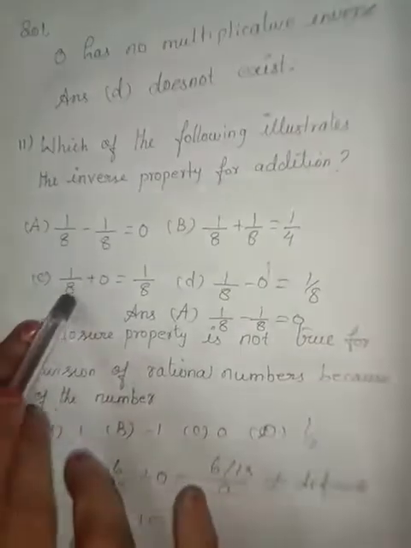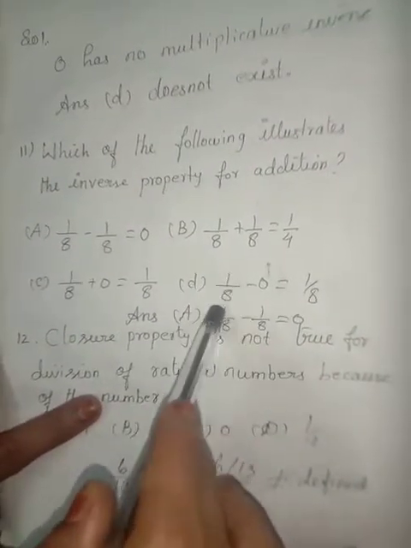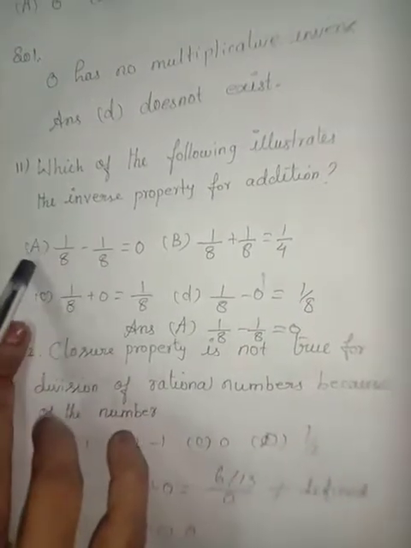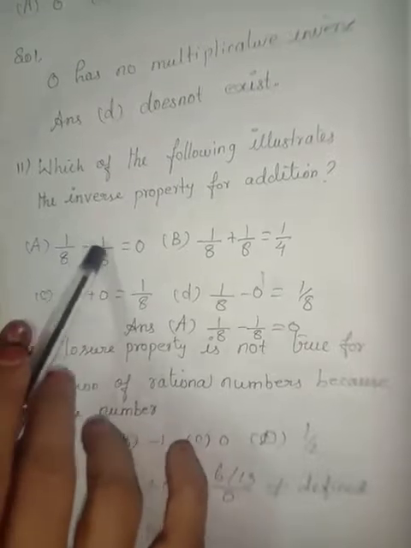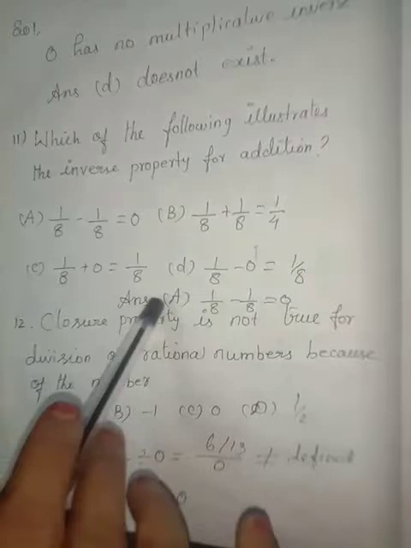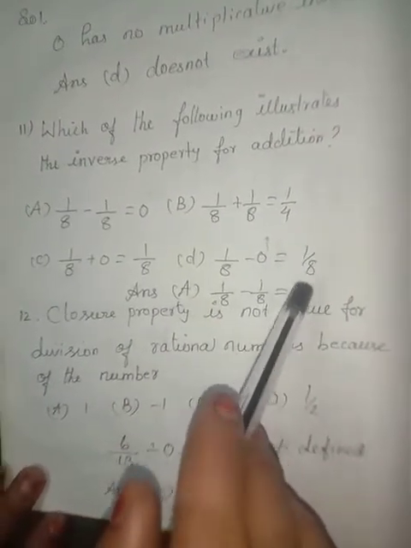Option C is 1 by 8 plus 0 is equal to 1 by 8. Option D is 1 by 8 minus 0 is equal to 1 by 8. So I choose option A, 1 by 8 minus 1 by 8 equal to 0. That is the additive inverse. The correct answer is option A.